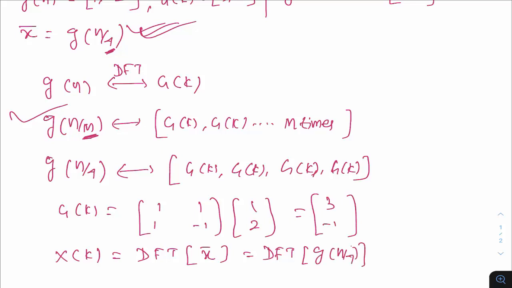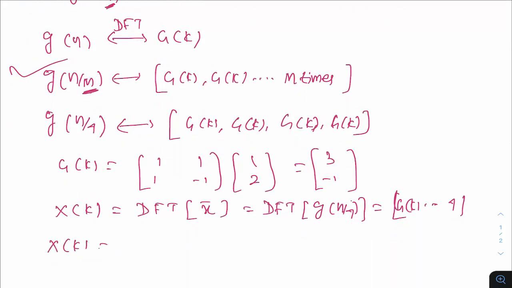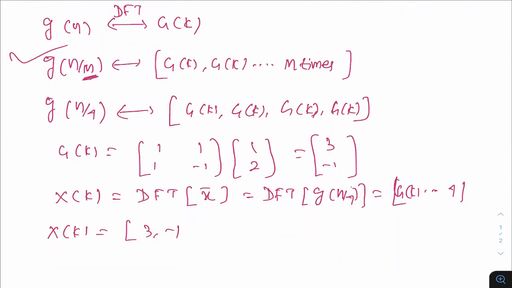And this is what we said: the DFT of g of n by 4 is G of k 4 times. So G of k value I know, which is 3, minus 1. So I can say X of k is G of k 4 times: 3 minus 1, again 3 minus 1, again 3 minus 1, and again 3 minus 1. I have written G of k here 4 times.